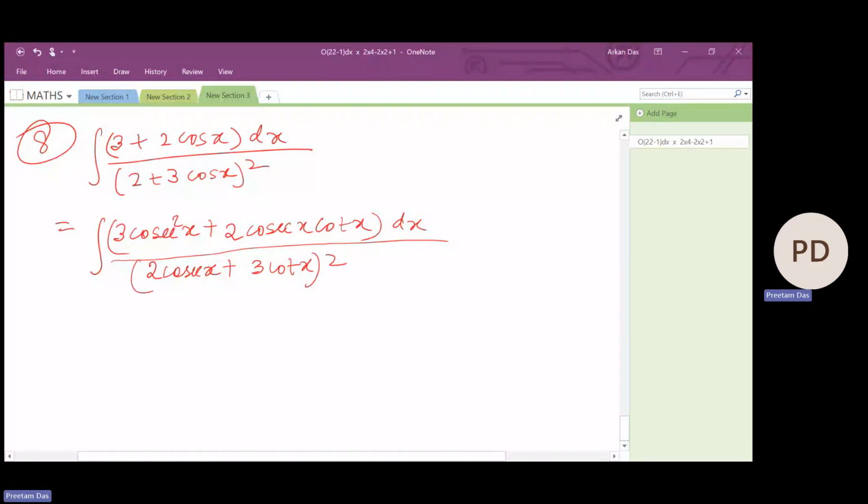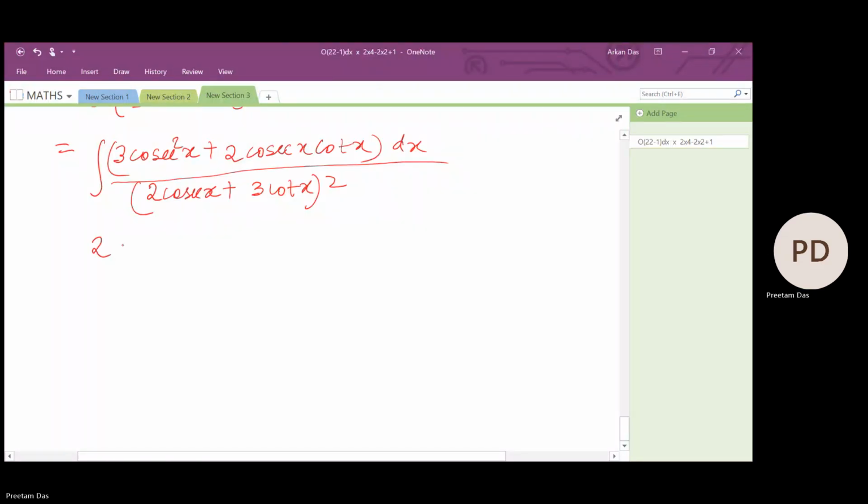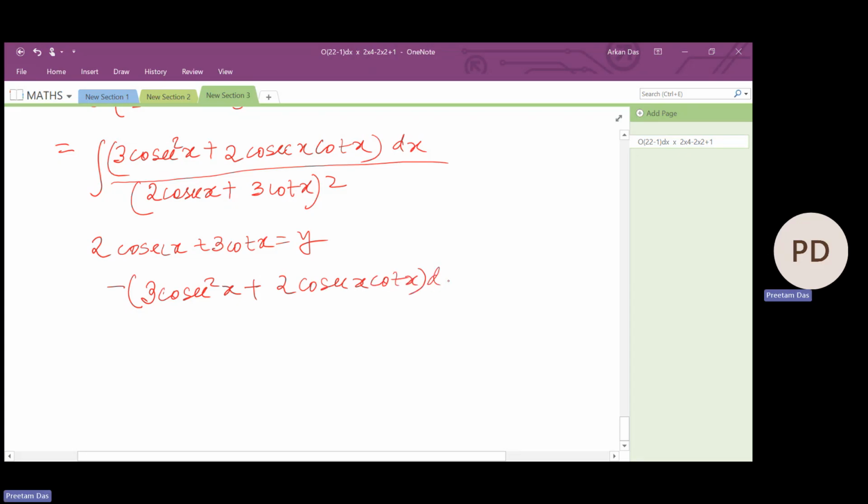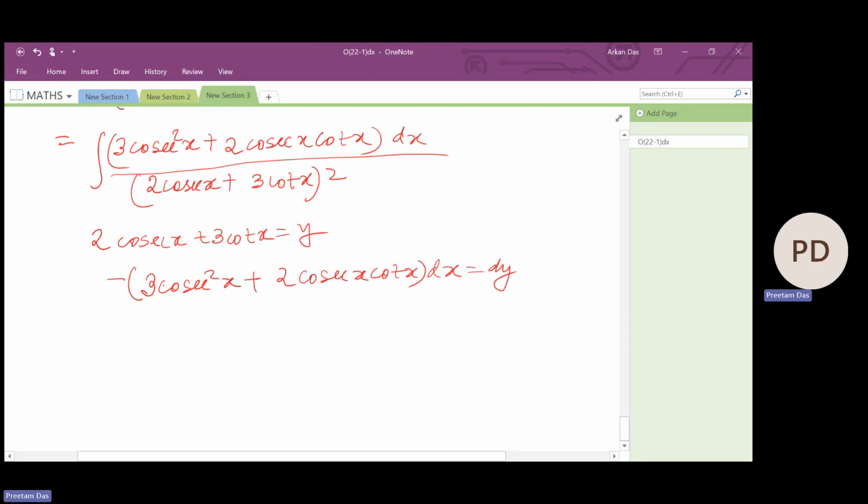Now consider the denominator base as y. So you will get minus (3 cosec square x plus 2 cosec x cot x) dx equal to dy, which is nothing but the numerator.